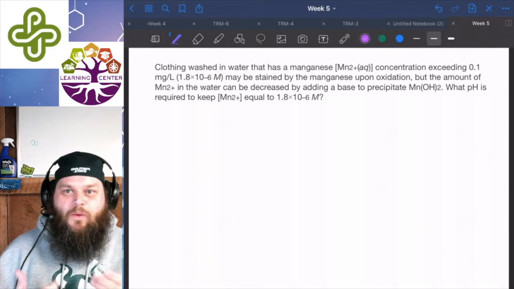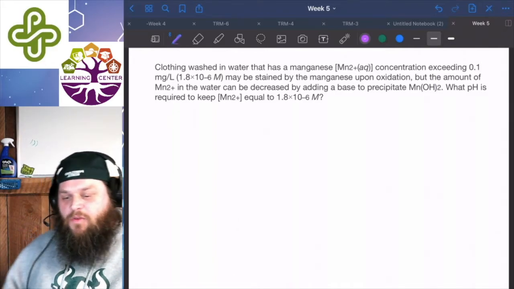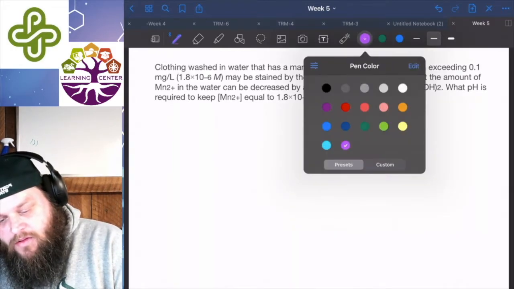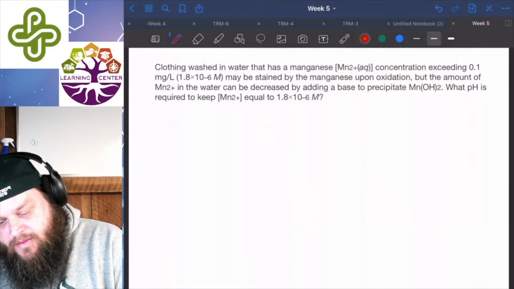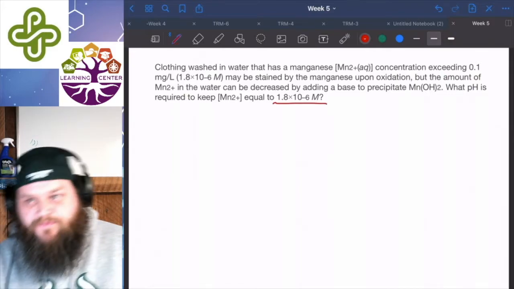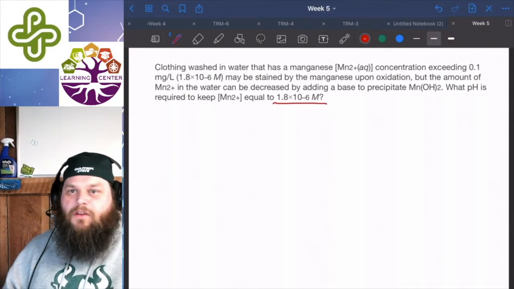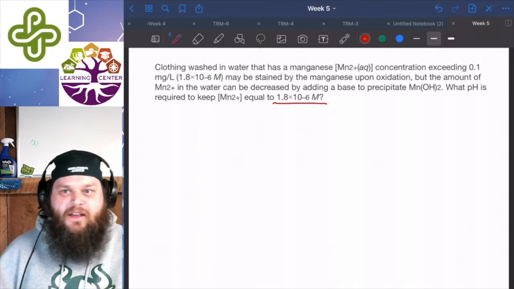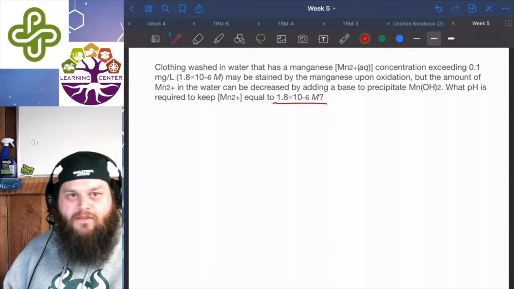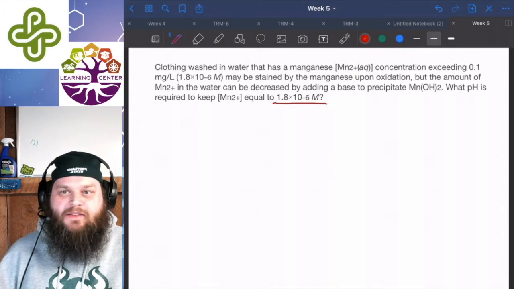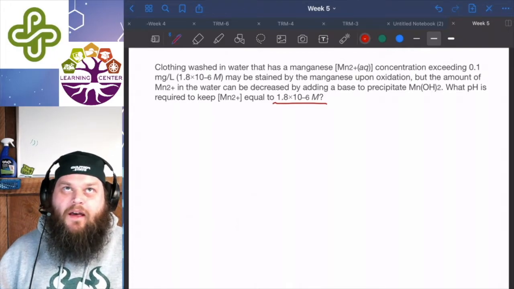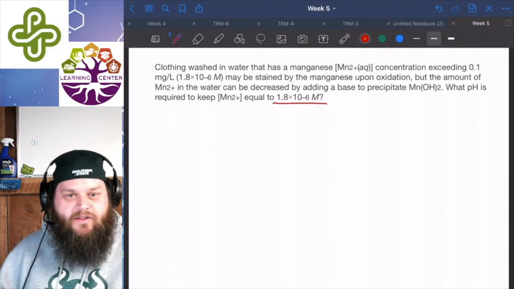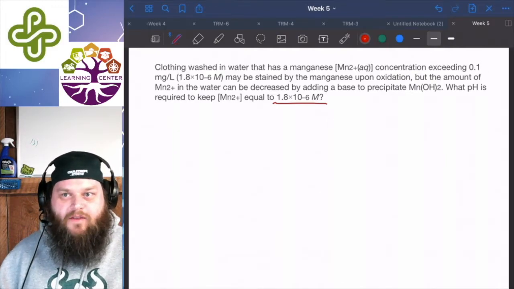So they're asking what pH is required to keep the manganese equal to 1.8 times 10 to the negative 6 molar. So the question is, do we want this to be an acidic or a basic solution? If it's acidic, those acidic ions would kind of bond to any of the OH ions, any of the hydroxide ions we have in there.